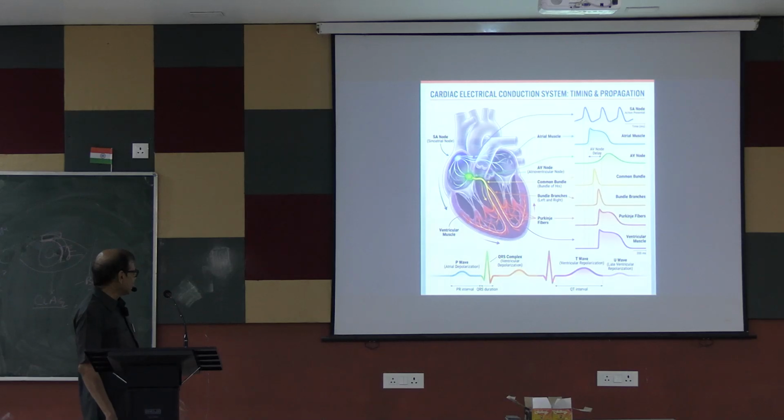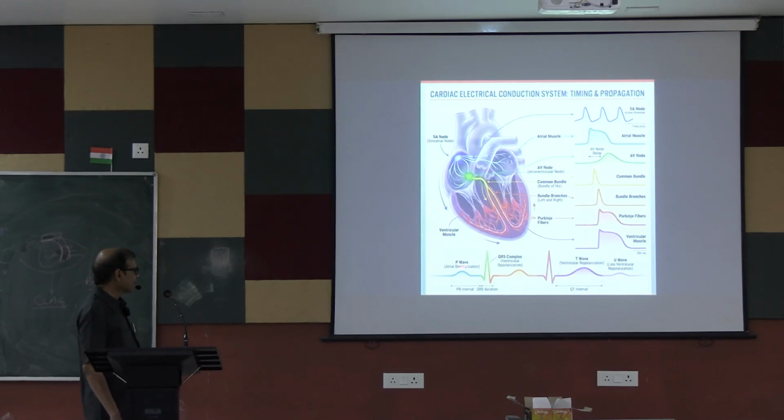And this is the T wave, related to ventricular repolarization, that is phase 3 or 4. This is the electrocardiographic correlation with the cardiac transmembrane action potential.